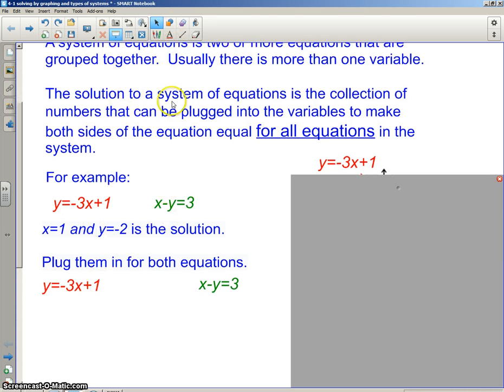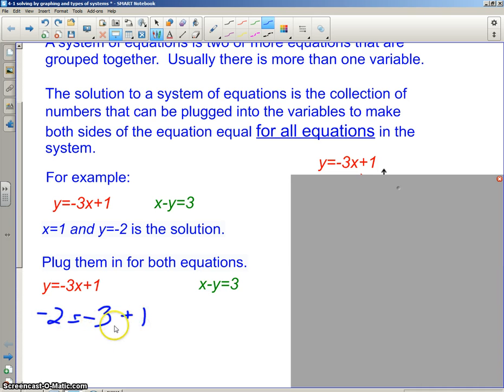So, I'll go with blue. Y is -2 and x is 1. So -3 times 1 is -3, plus 1.